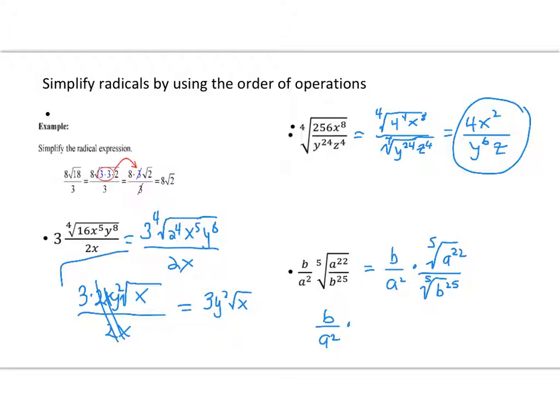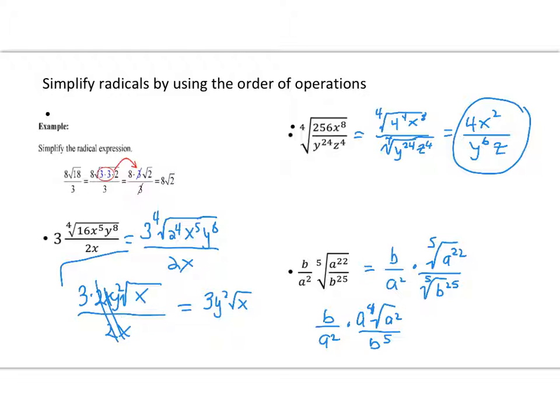So I have a to the 4th, the 5th root of a squared, divided by, on the bottom, 5 goes into 25 5 times, so I just have b to the 5th.